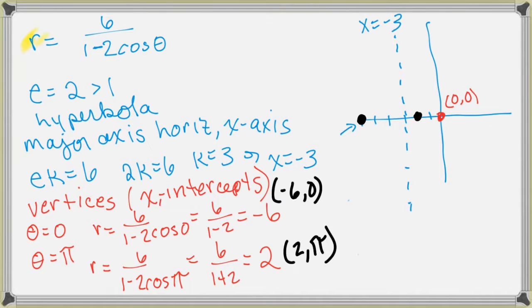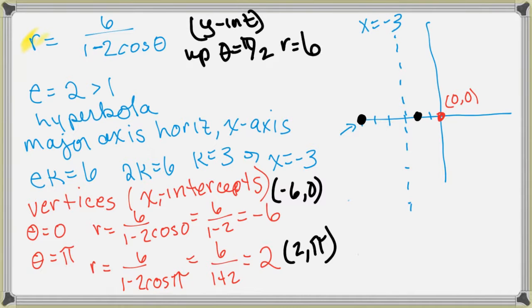Now we could go ahead and look up and down and find those y-intercepts. If we look up, we're looking at pi over 2. Cosine of pi over 2 is 0, so r is going to be 6.